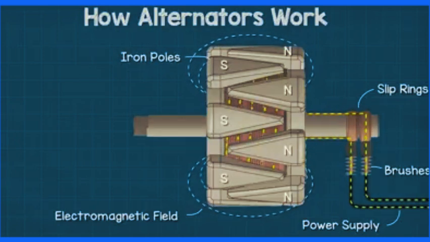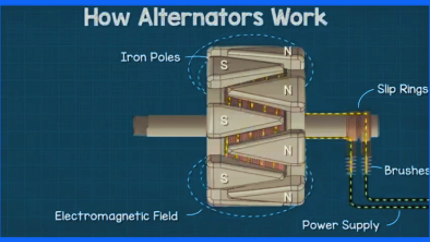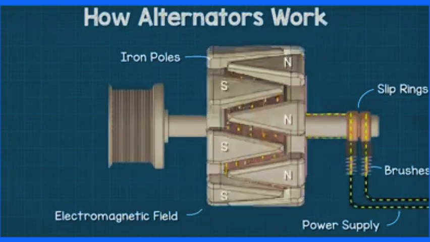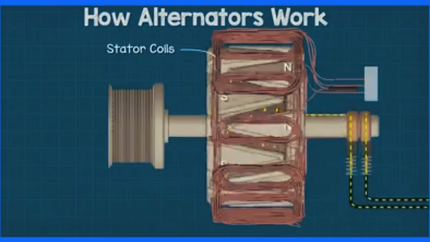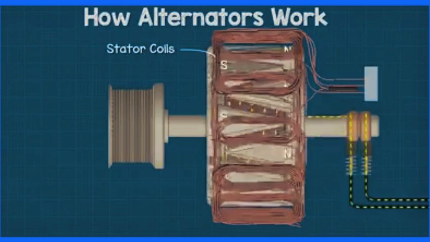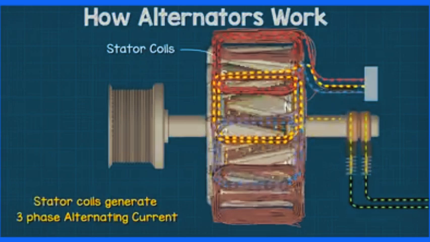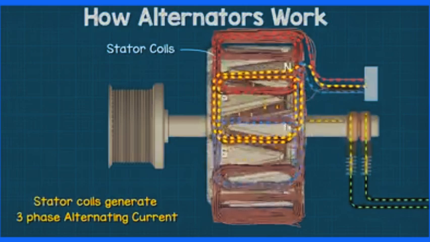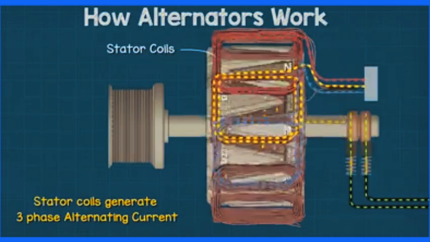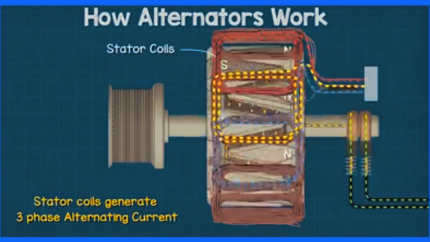As the electromagnet is attached to the rotor shaft, when the engine turns the shaft, it also rotates the electromagnet past the coils of the stator. This will cause the stator coils to generate a current, and so electricity is generated.